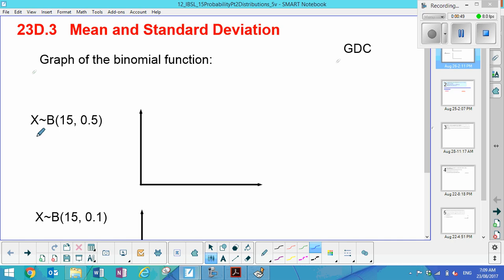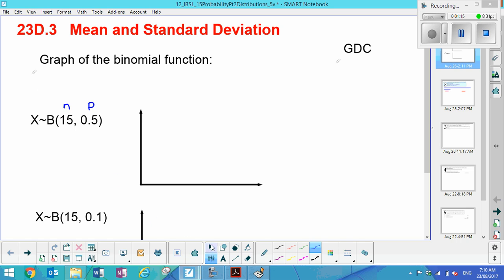So remember that notation that X is distributed in a binomial manner, so the random variable is a binomial, which means there's a success or fail, and we're going to trial it 15 times. That's our n, and the probability of getting a success is 0.5. So that's like tossing a coin.